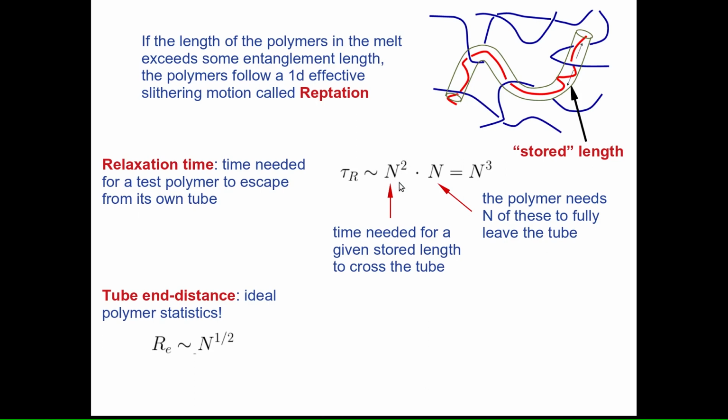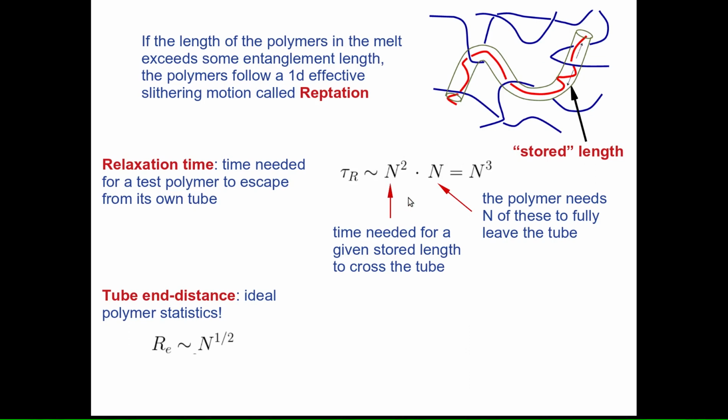This is the 1D diffusion along this contour. But once this is done, we have moved only very little our tube out of our tube. One needs of the order of n of this stored length to actually leave the tube, right?